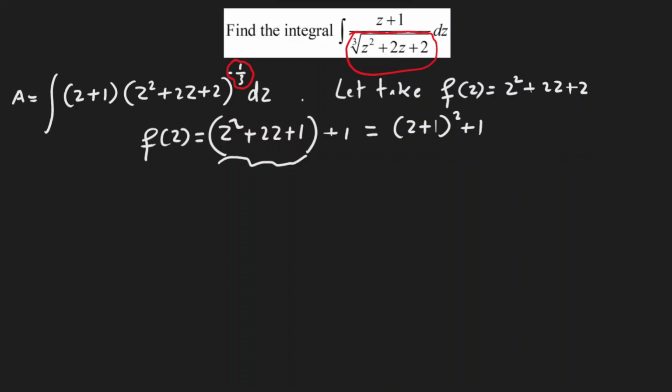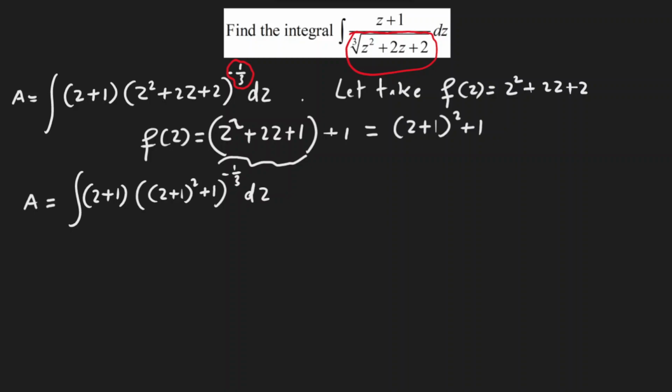Now, with that being said, we can go and replace f(z) in A. So we have A then equal to the integral of z plus 1 times z plus 1 squared plus 1 to the power negative 1/3 dz.